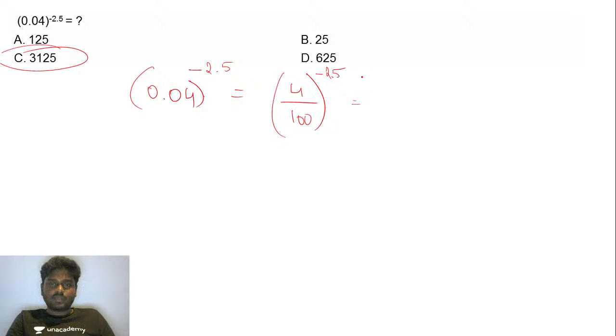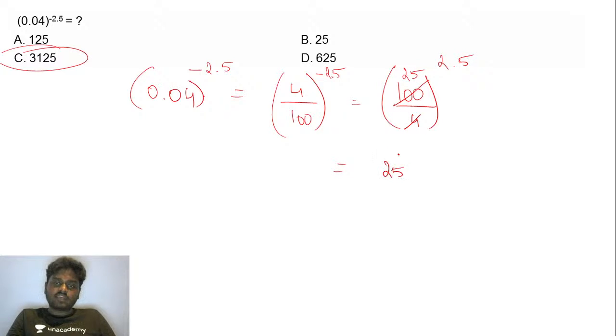And if I bring this minus 2.5 to plus 2.5, then it's going to be 100 by 4 the whole power 2.5. So this is nothing but 25, which means 25 the whole power 2.5. Let me just break this as 5 squared, so this is actually 5 by 2.